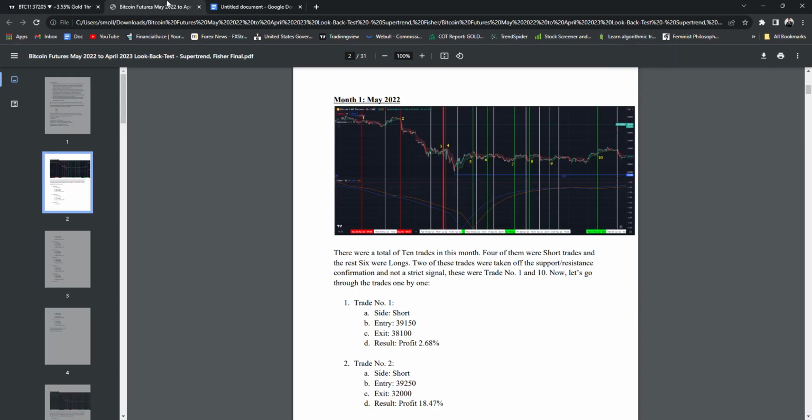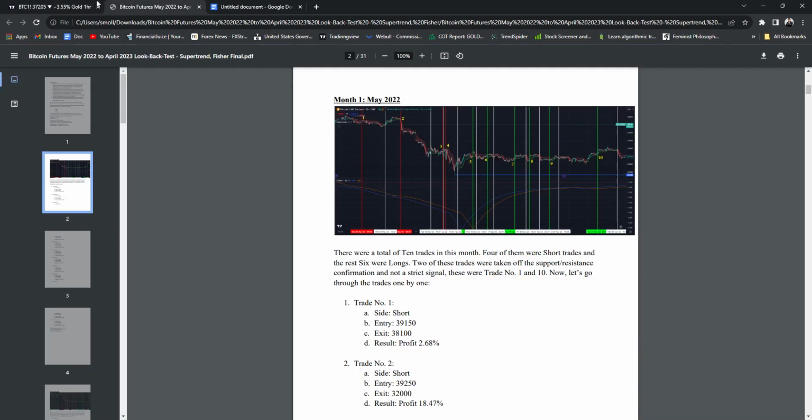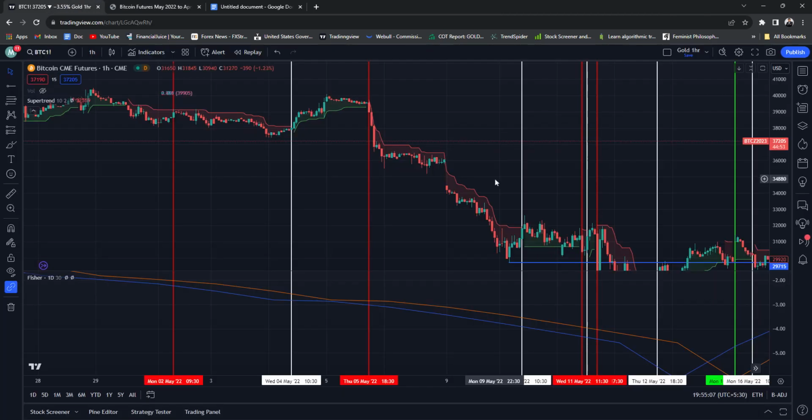It's a huge trade. It made us 18.47%. Even if, like I said, in the previous trade we did not make the whole of it. We could have exited at a much lower level at 29,700, but we only exited at 32,000.